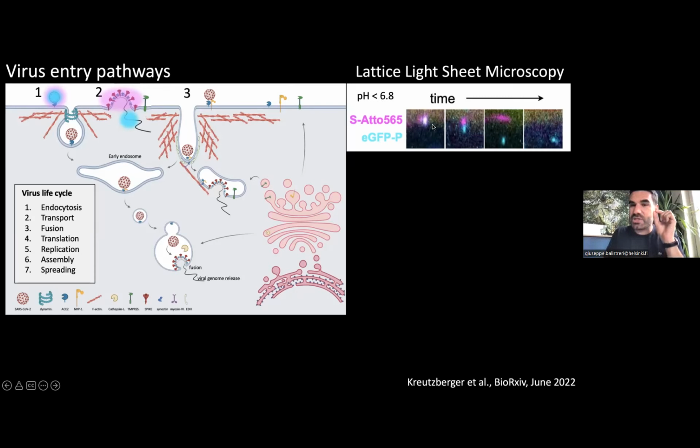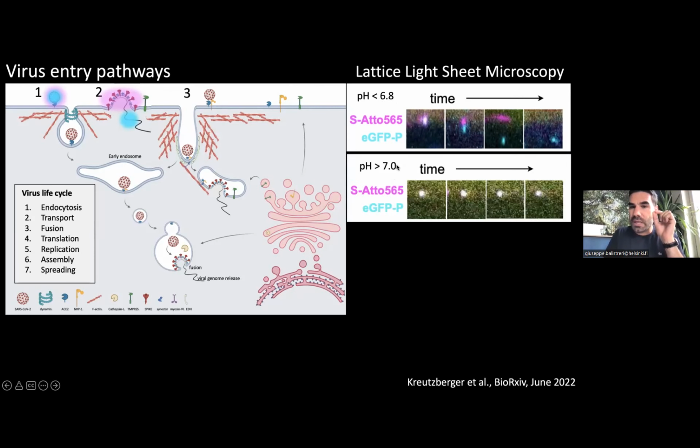But if the pH is neutral, for example, above 7, then as you can see in this time frame, nothing happens. These viruses sit on the cell, even if the right proteases are here and they get cleaved, but they cannot fuse, they cannot deliver the content into the cell. So it is really crucial that the pH of the environment should be below 7.